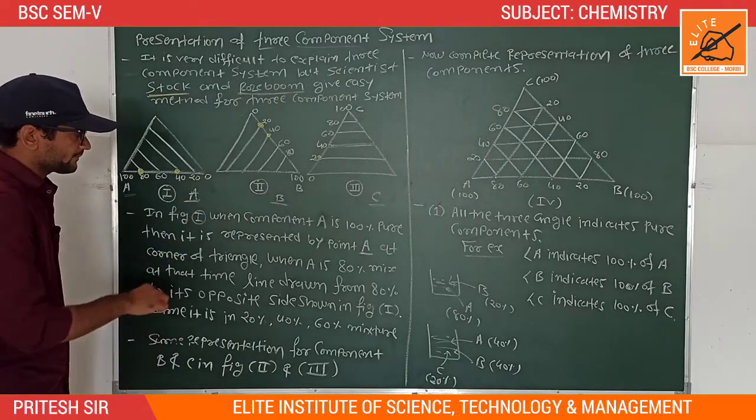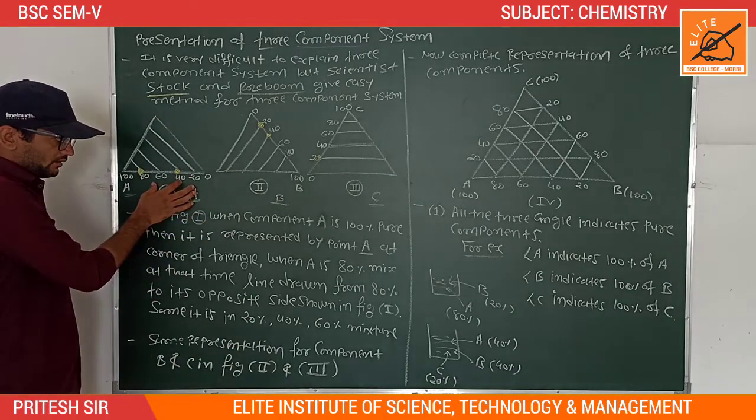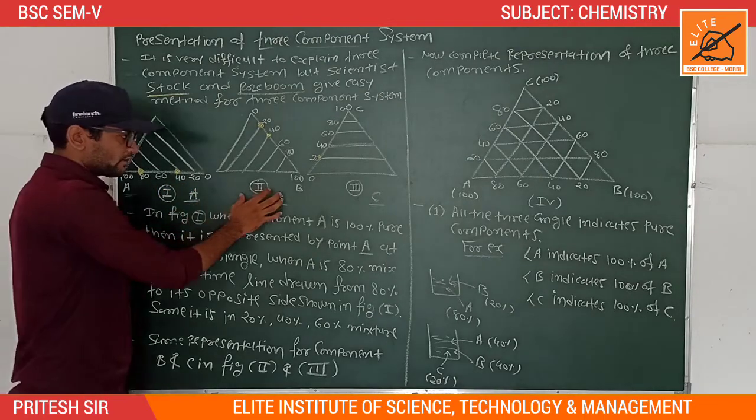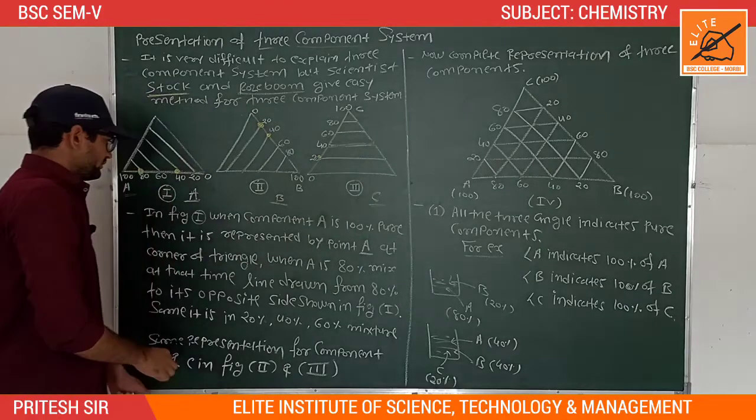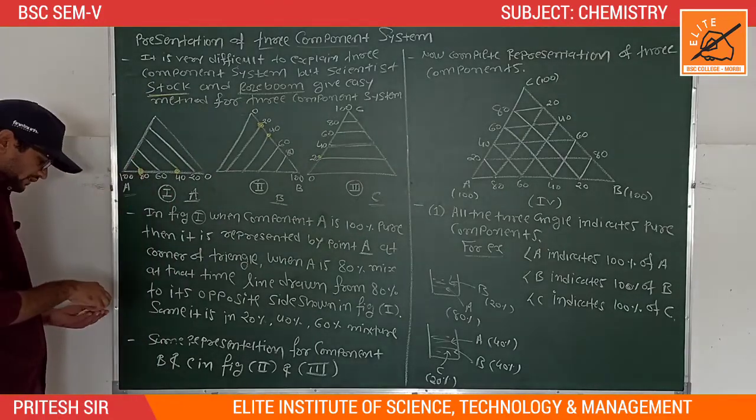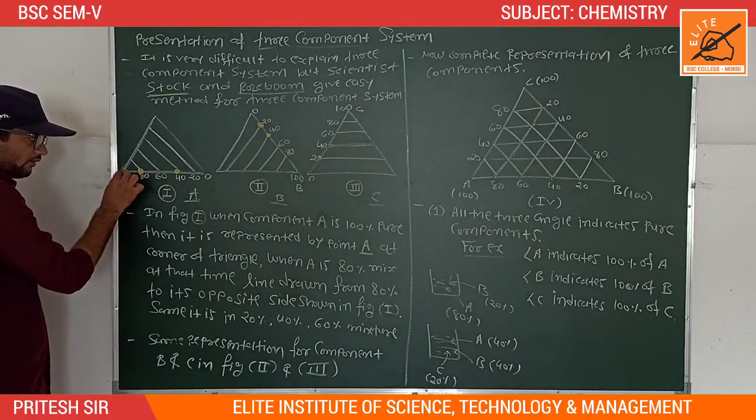Okay, so the first one is for component A, this one is for component B, and this one is component C. Here this angle indicates the value of component A is equal to 100%.